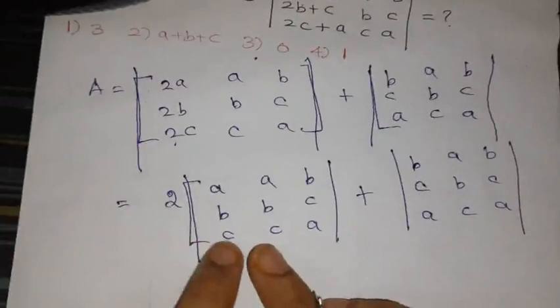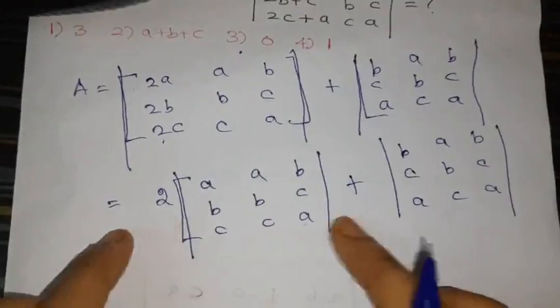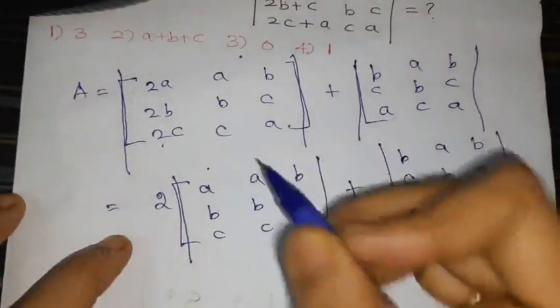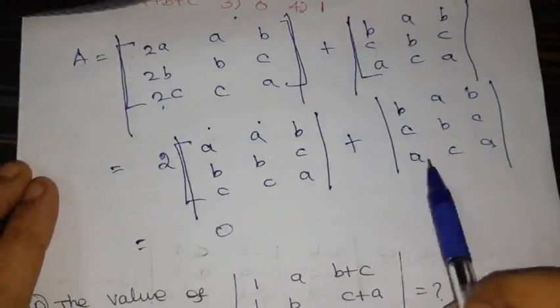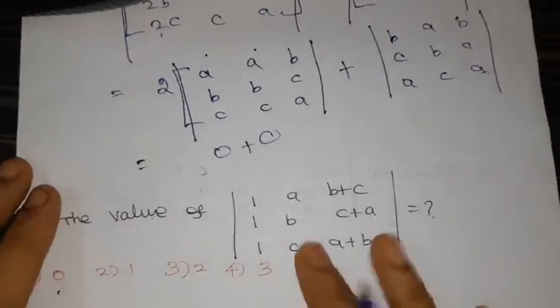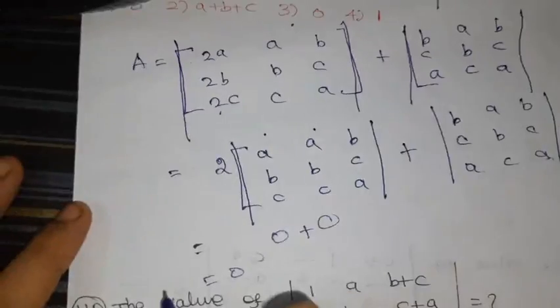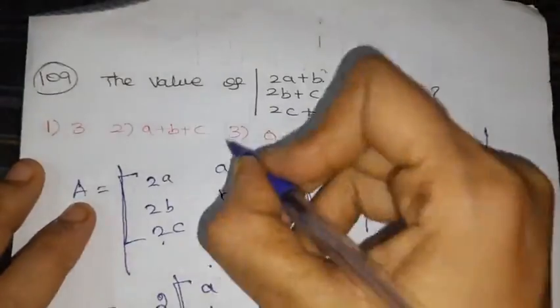When any two columns or two rows are identical, what will the determinant value be? It is obviously 0. Here column 1 and column 2 are identical, so we get 0. Here column 1 and column 3 are identical, so we get 0 only. 0 plus 0 is 0. So the determinant value of the given matrix is 0, and option 3, 0, is the right option.